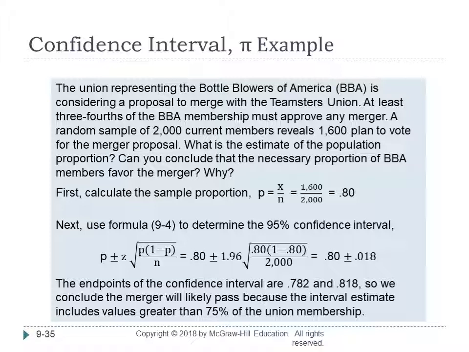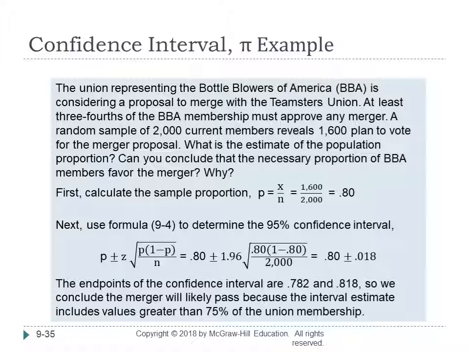We know that 1,600 in the sample plan to vote for the merger, where the proportion is 1,600 divided by the size of the sample, which is 2,000. This is 0.80. Next, I want to construct a confidence interval for the population, based on the proportion we have from the sample. We choose a 95% confidence interval.